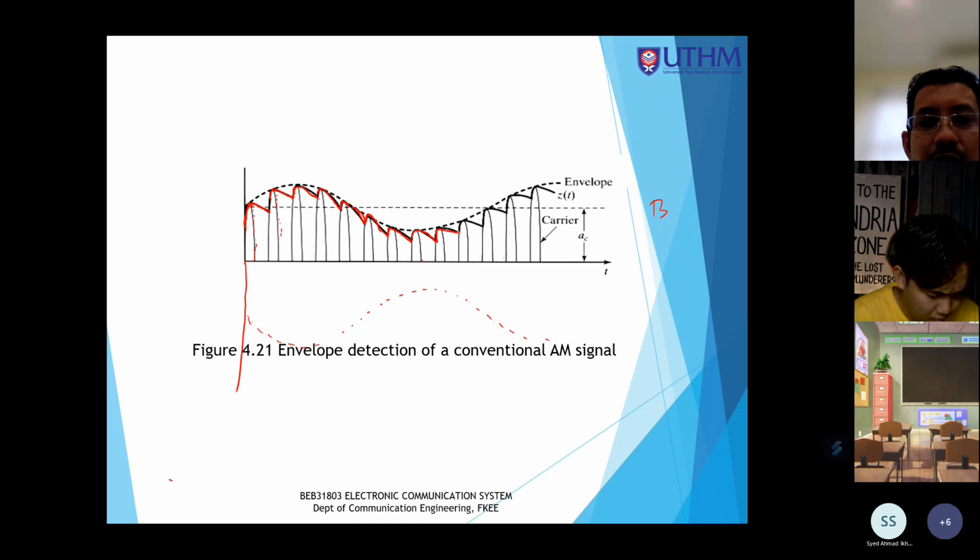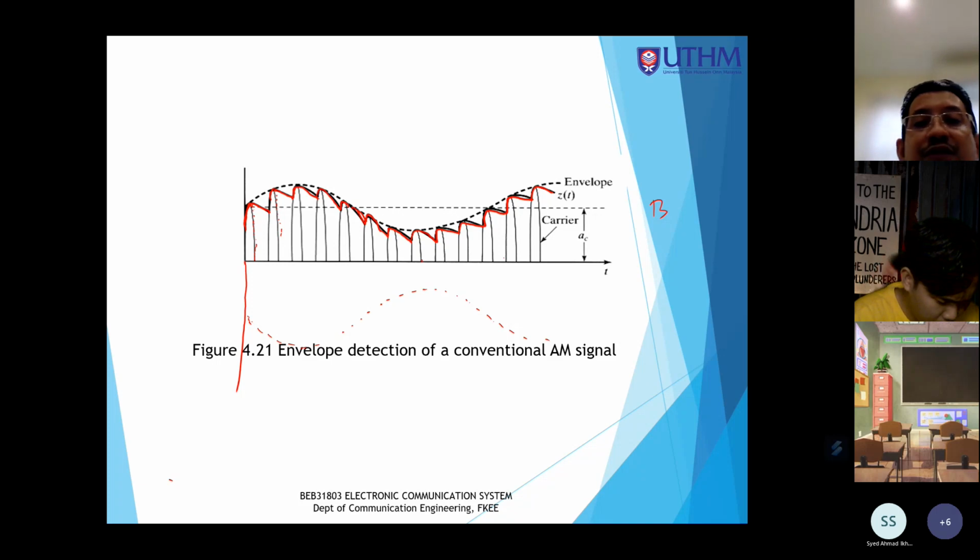Okay, so it will produce a sine wave like this. Bentuknya seperti sine wave yang terhasil pada point C. But it is a sawtooth like sine wave. Dia adalah sine wave yang bergigi.